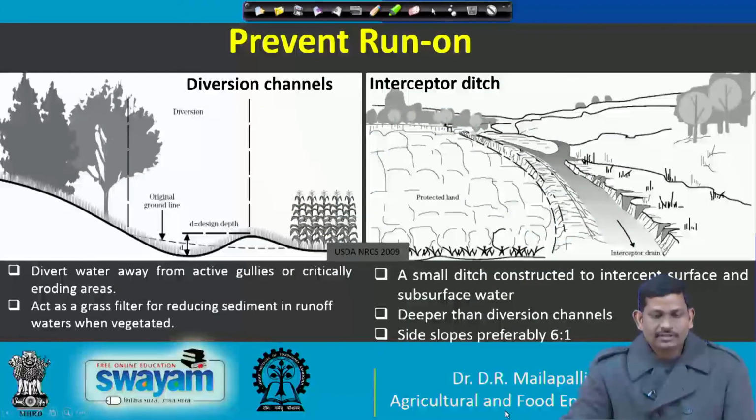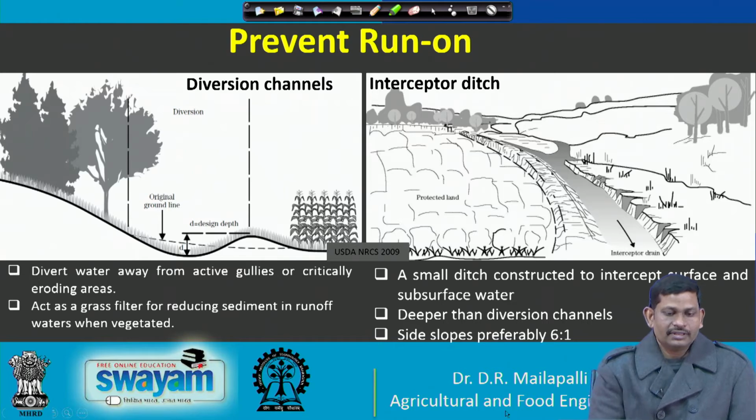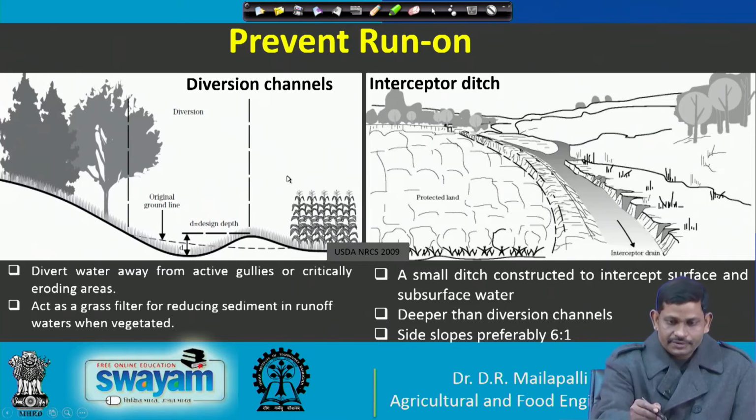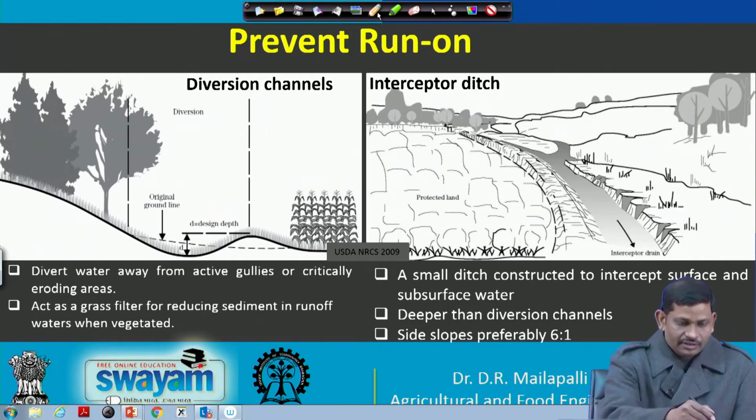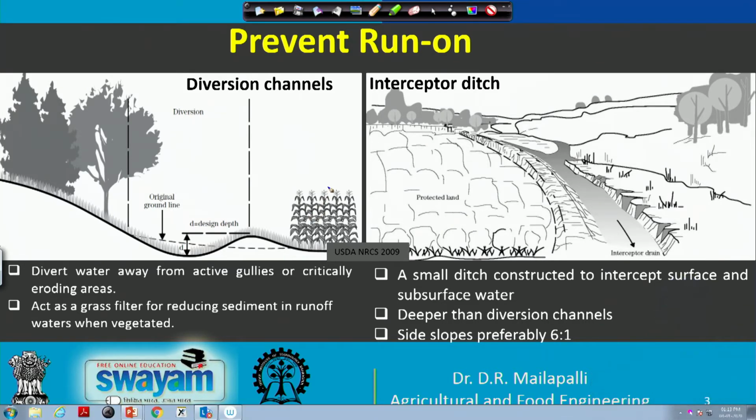The first category is controlling the runoff volume, that is, the runoff amount. Under that, the diversion channels and interceptor ditches. Diversion channels: if you see in this picture, here there is a farmland and here the sloping land where we can expect runoff.